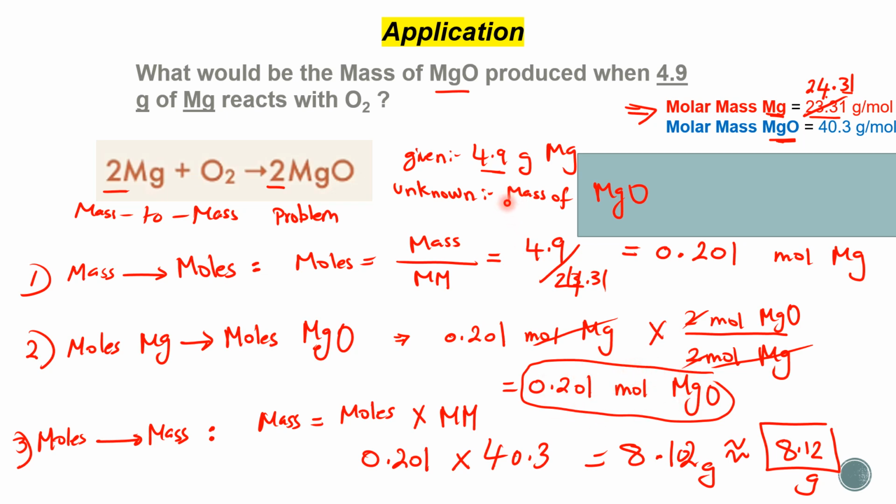What does the question want? The question wants the mass of MgO. So the mass equals moles times molar mass, which is 0.201 multiplied by 40.3. Okay?